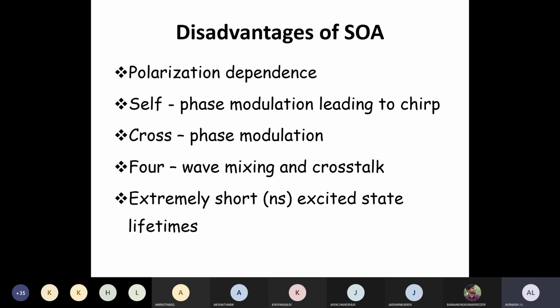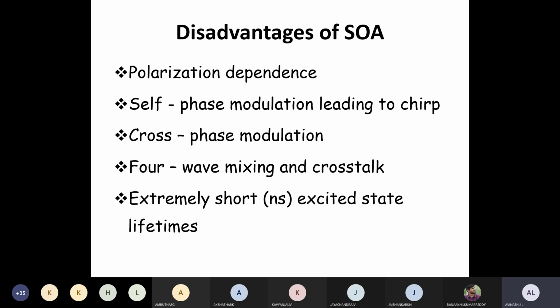The next thing is cross phase modulation. Since self modulation is happening, in that modulation process cross modulation might also happen. We cannot say that it never happens; sometimes cross phase modulation is going to happen. Next is four wave mixing and crosstalk. Obviously, if everything is inside one particular box, there may be chances of crosstalk, cross modulation, and wave mixing.